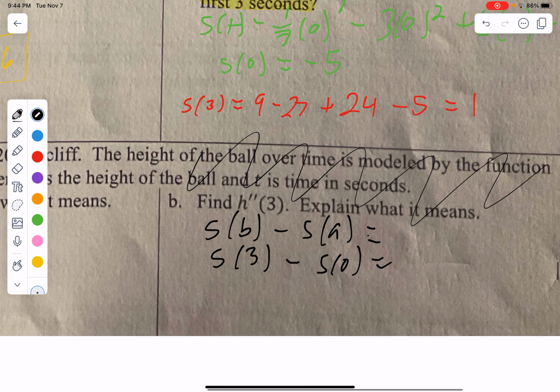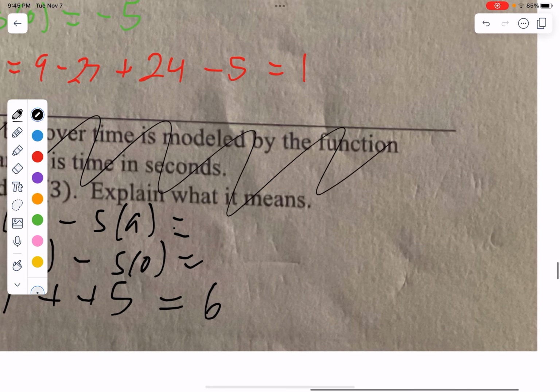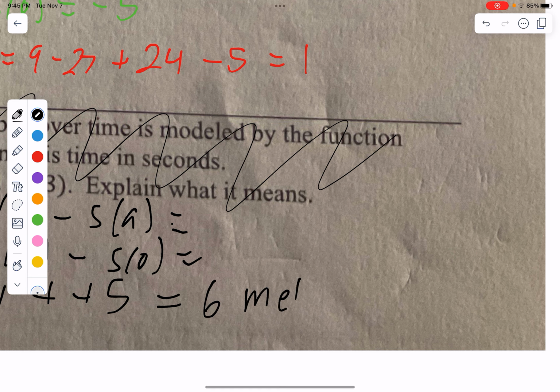Same thing as saying 1 minus negative 5. Keep change from just algebra 1, kids, and your displacement for the particle for the first 3 seconds will be 6. Don't forget your unit, 6 meters.